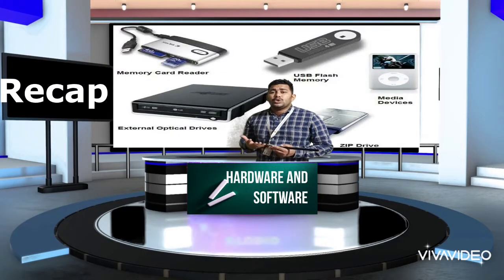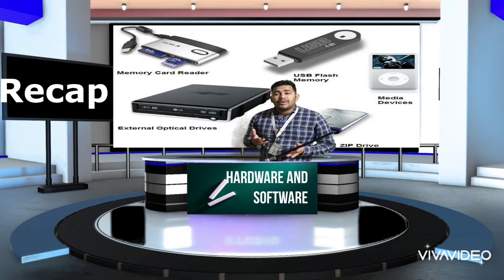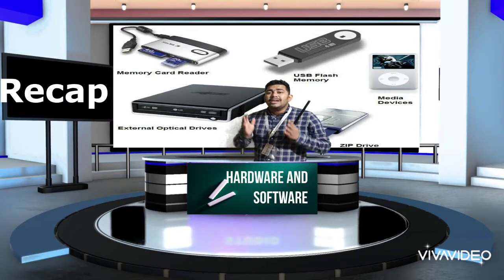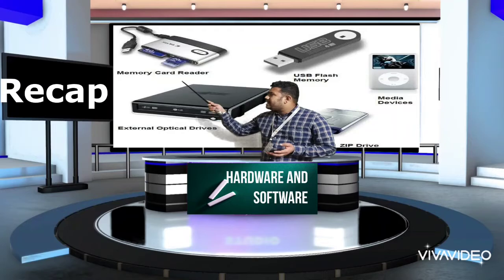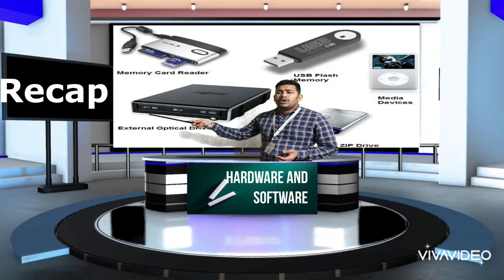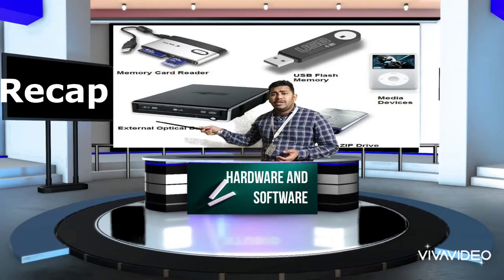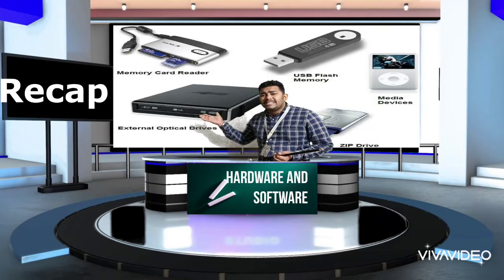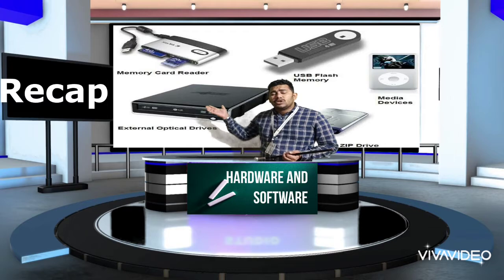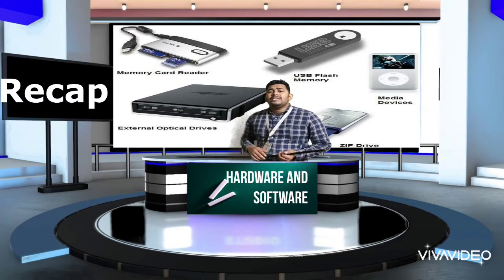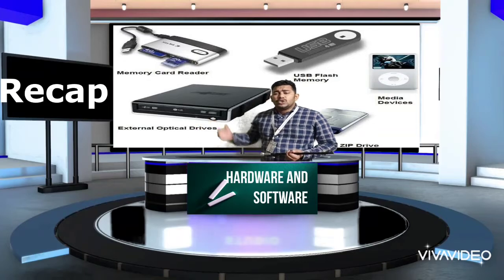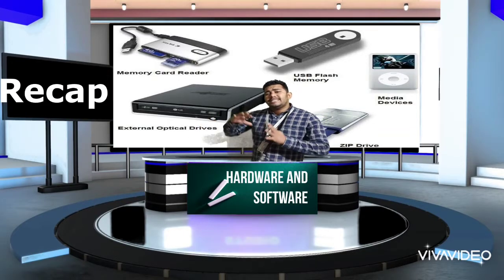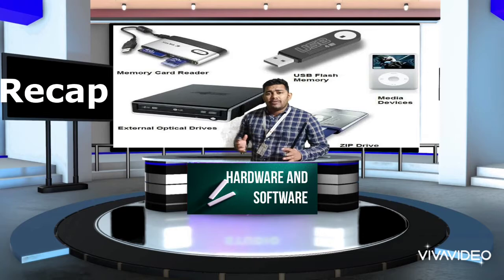Storage devices are nothing but where we can store our data, such as hard disks, then your CD or DVD, and then your flash drive, also known as a pen drive. These are your storage devices. So this was just a recap of our hardware.